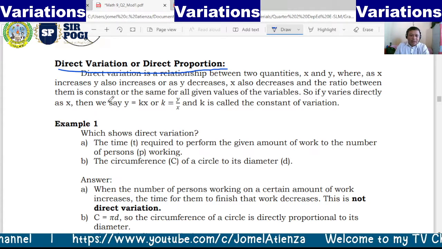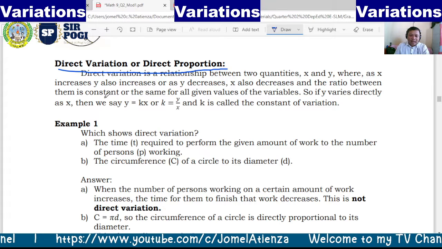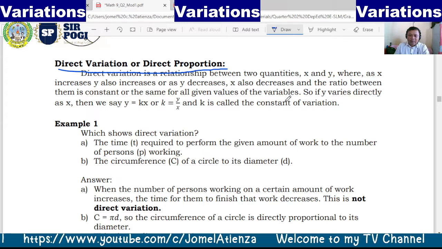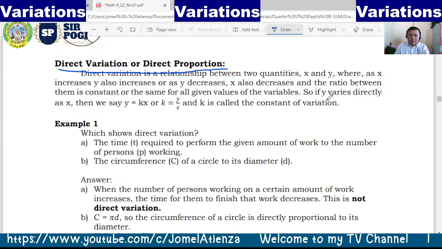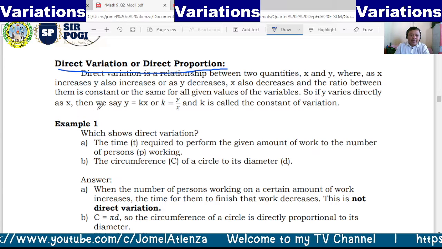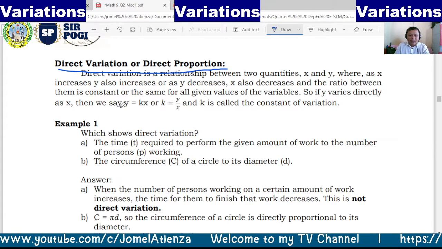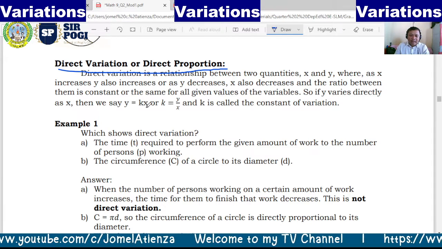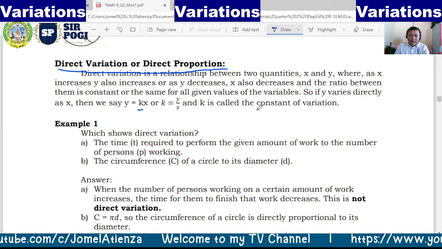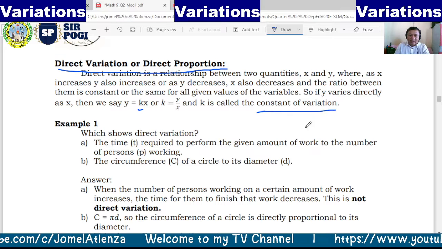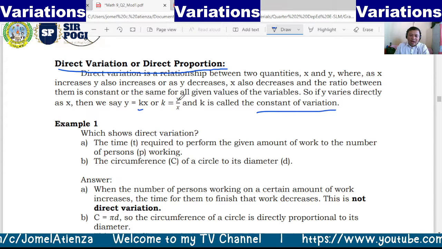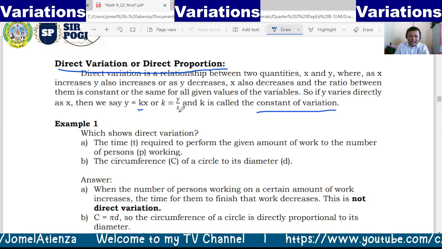And the ratio between them is constant, or the same for all given values of the variables. So if y varies directly as x, then we can say that y is equal to kx, wherein k is the constant of the variation, or k is equal to y over x.